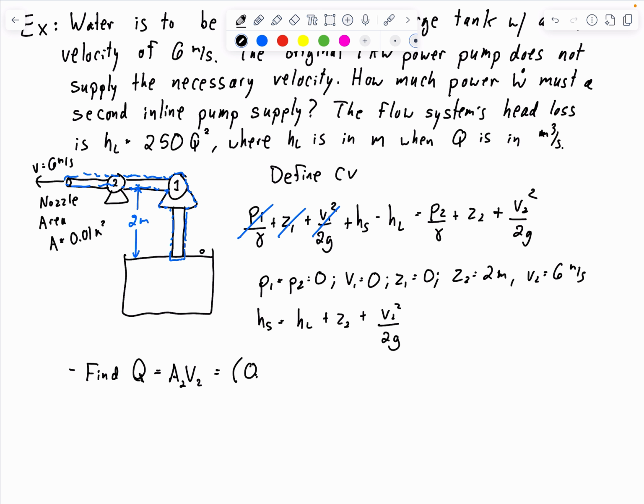So we can go ahead and find our value for Q here. And we find that Q is equal to 0.06 cubic meters per second. So that's our required flow rate.